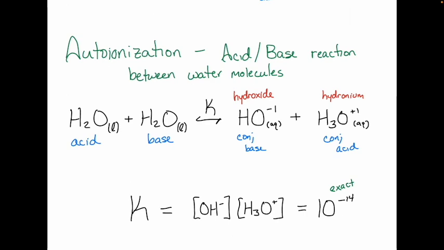Truthfully, there's some experimental error involved there, but we're going to approximate that as exact. Okay? So what's really important about this equilibrium expression is that this is true for all aqueous solutions.